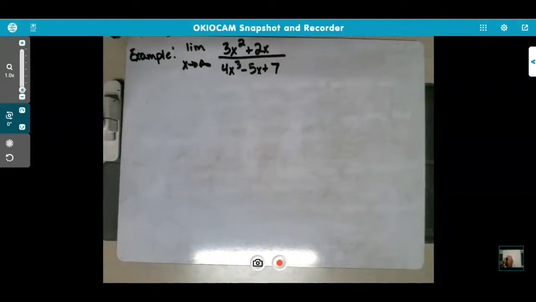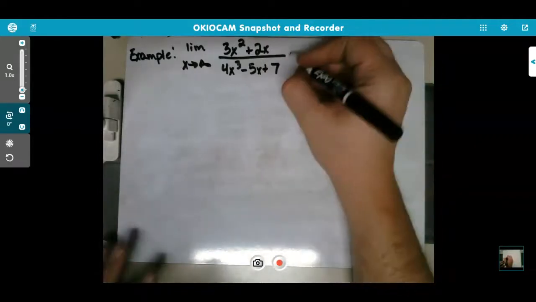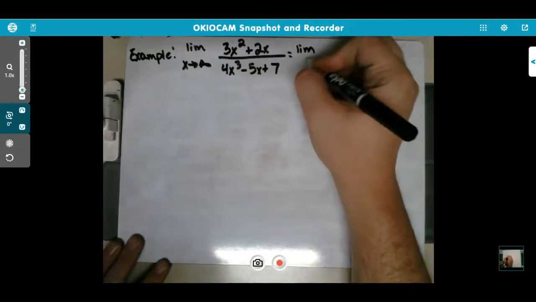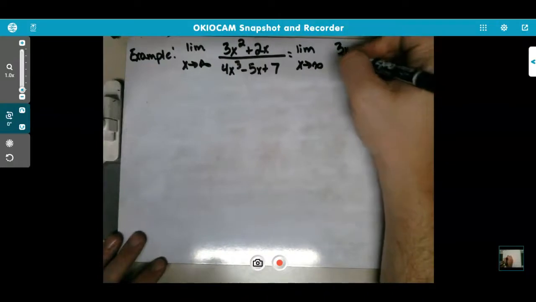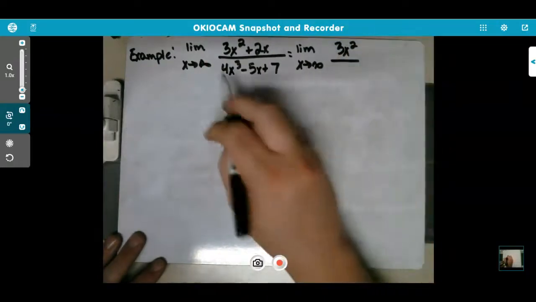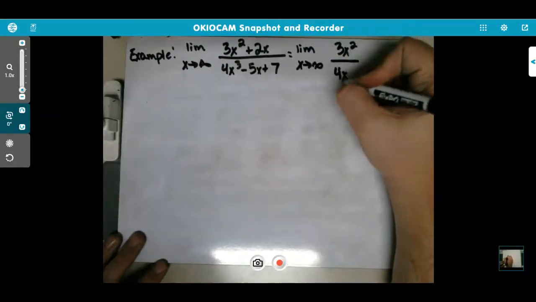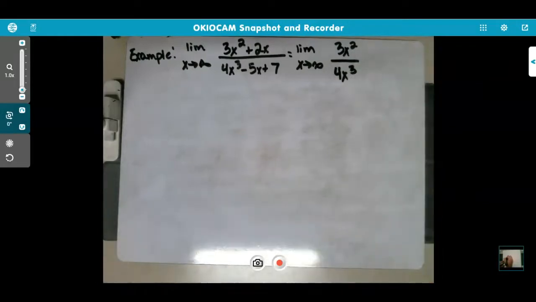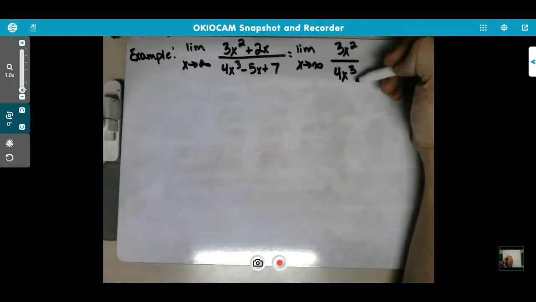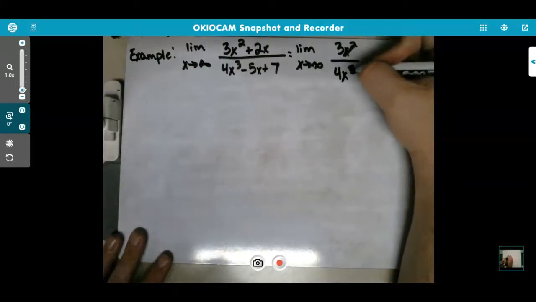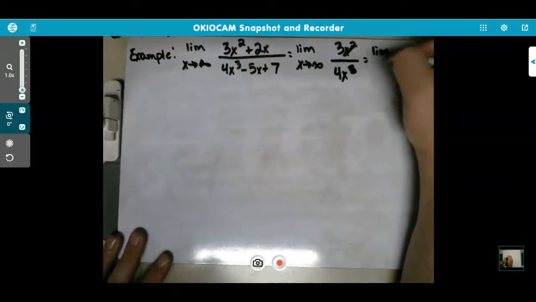Let's look at that one. So the same thing, I only need the largest one on each. On the numerator, the largest term is 3x squared, so we only need 3x squared. The denominator is 4x to the third. We can reduce this since there's x squared up here and x to the third here. That cancels out and gives us just 3 over 4x.